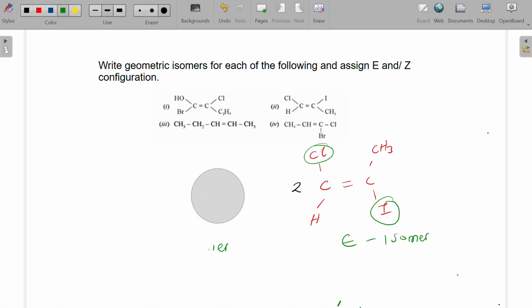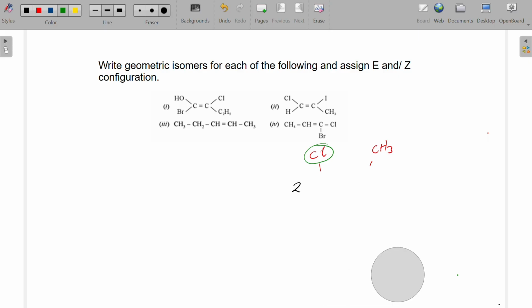Let's go to the next one. All right. So the next one. Now, when you're given a straight chain like this one here, all you have to do is start by drawing the carbons holding the functional group.